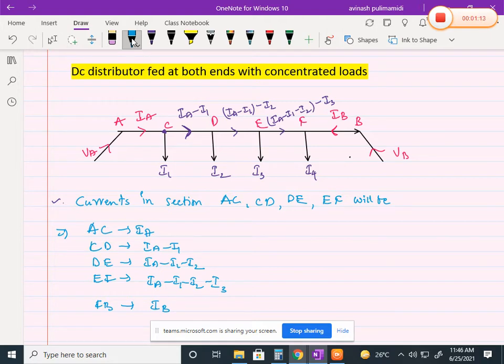So in section FB will be IB. A distributor fitted at both ends with equal voltages means VA minus VB. So let us take this one.